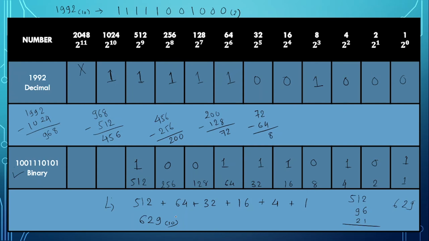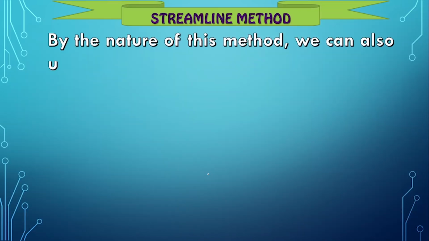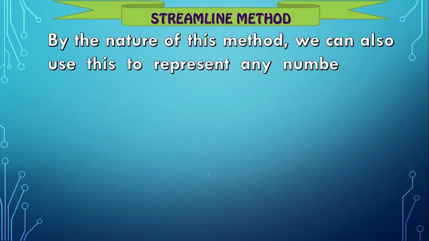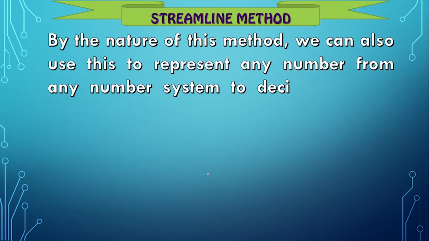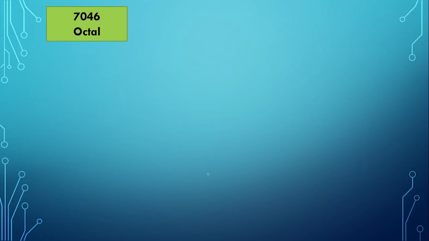Okay, so the streamline method is actually a proven method, but it is very difficult for a larger number, because you need to do a lot of work for the conversion. Streamline can also be used, by the nature of this method, to represent a number from any number system in the decimal number system. Say for example, if I am having a number 7046 in the octal number system, then as you can see, 7, 0, 4 and 6, all four are characters of octal.